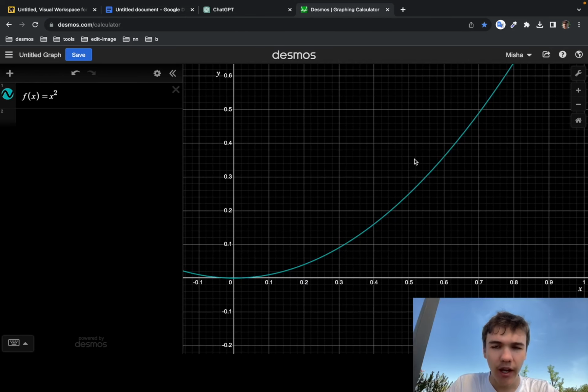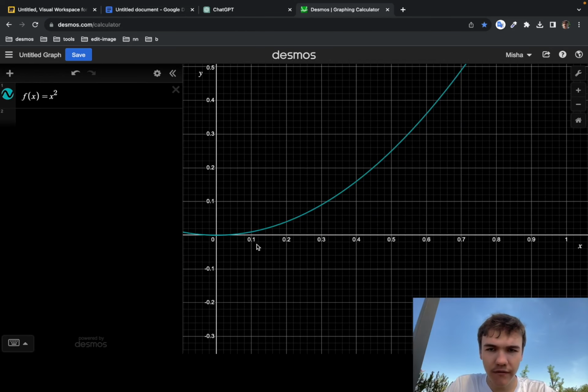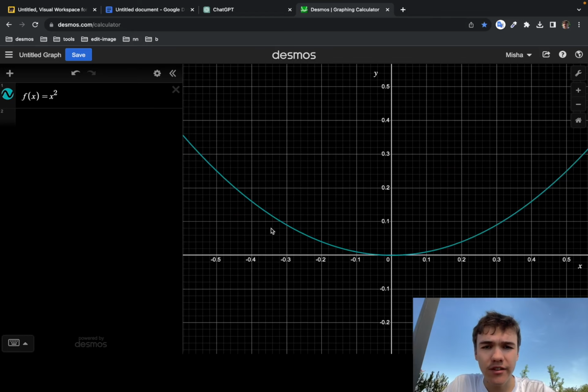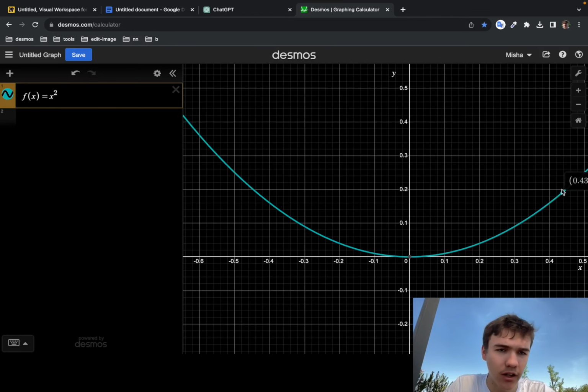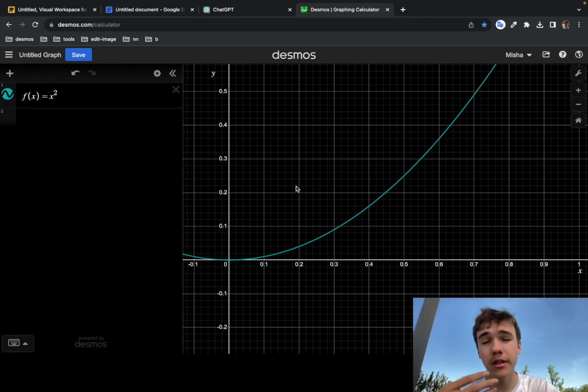Let's stop here. As you can see, we have 0.1, 0.2, 0.3, and so on. This is our parabolic function. I think you are all familiar with the parabolic function.